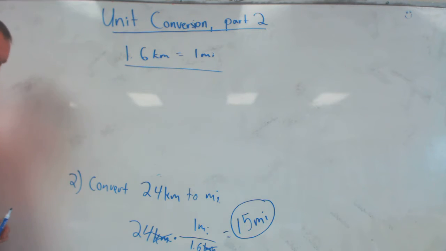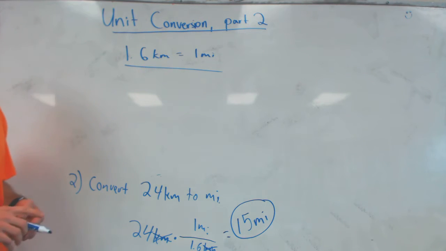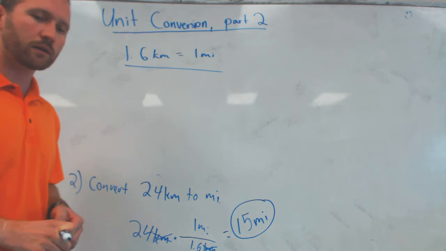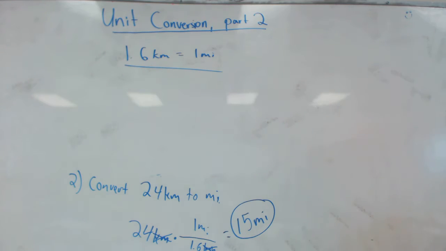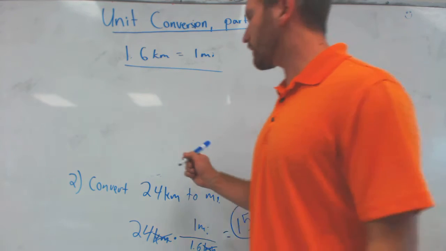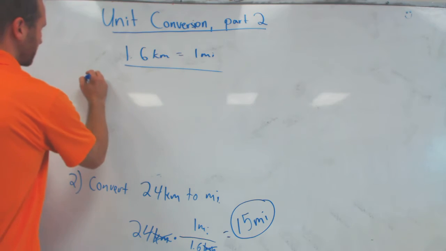Now I want to do one that we didn't look at yesterday. All right? So let's do a new example. This is actually going to be the exact same thing. We're going to have the same type of problem, even though it doesn't look the same.